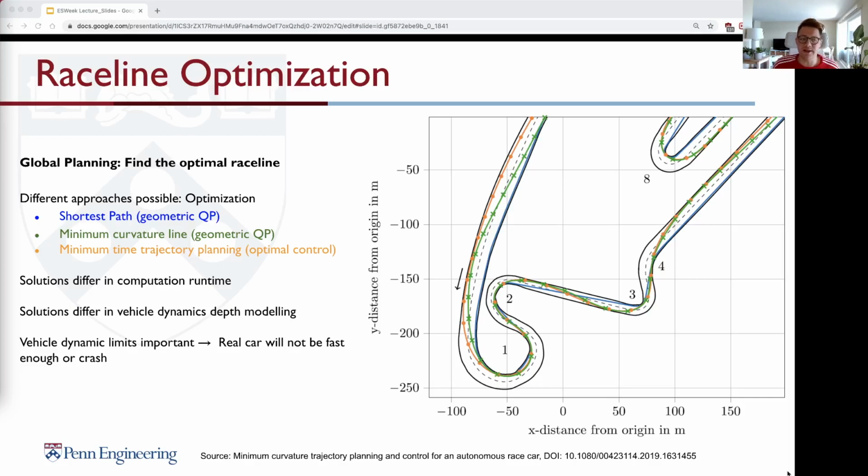Of course, the vehicle dynamics is the most important part here because you need to model the vehicle dynamics very accurately to match this raceline optimization in theory afterwards with your real vehicle behavior.